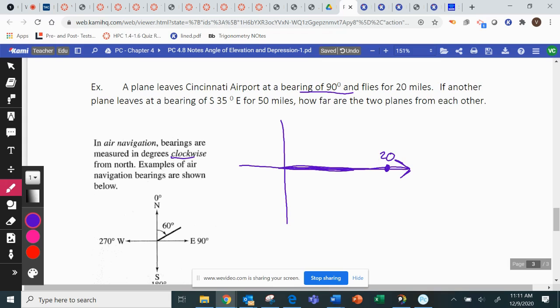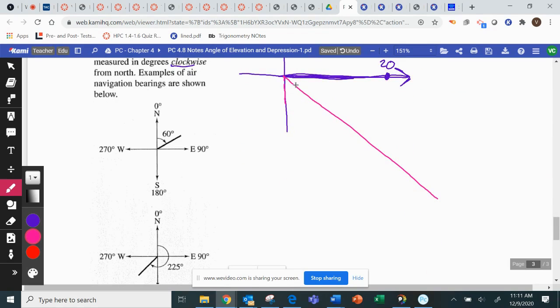And another plane leaves at a bearing of south 35 degrees east, for 50 miles.